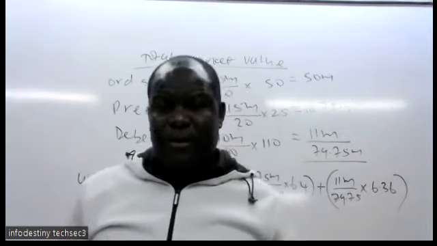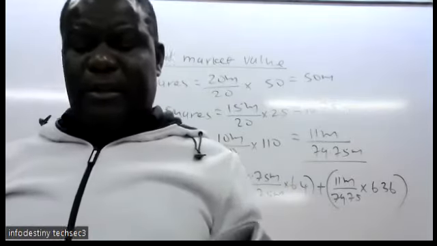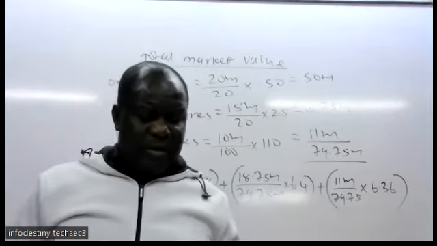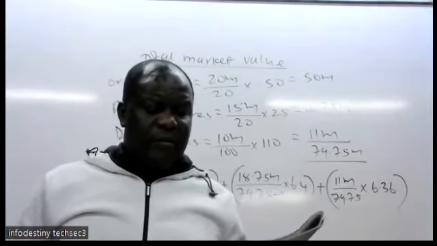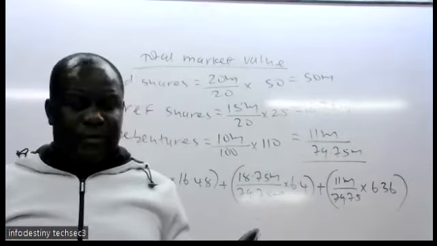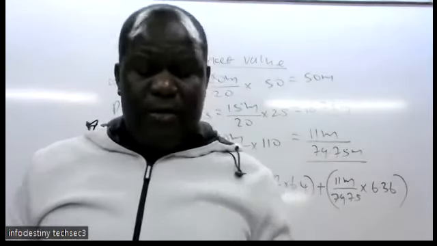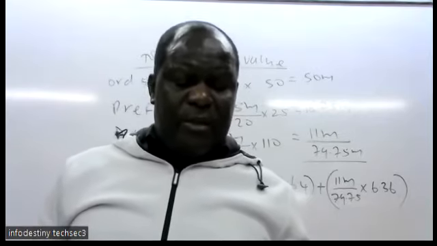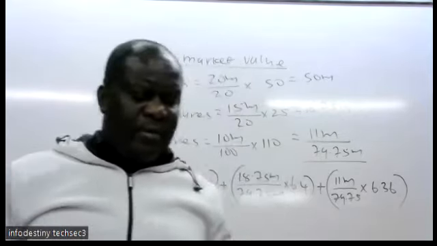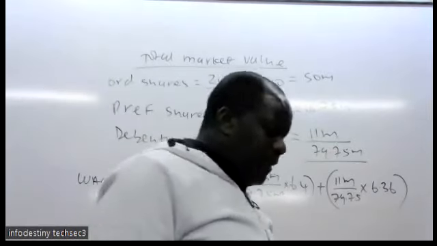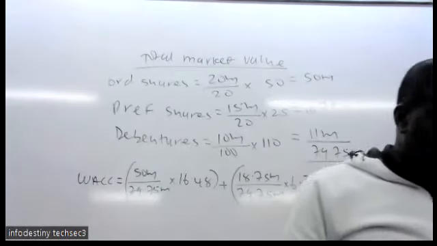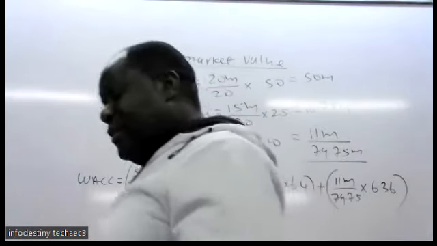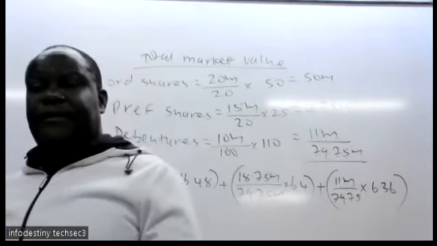Note number 3, the current market value of the bond is 77.10 per 100 nominal value, and annual interest has just been paid on the bonds. Note number 4, there have been no issue or redemption of the ordinary shares or bonds during the past 5 years.